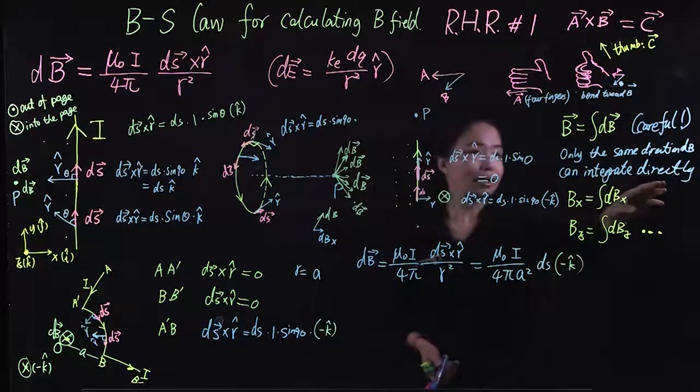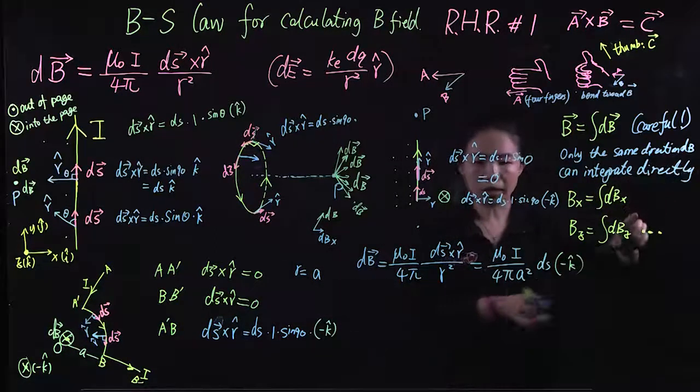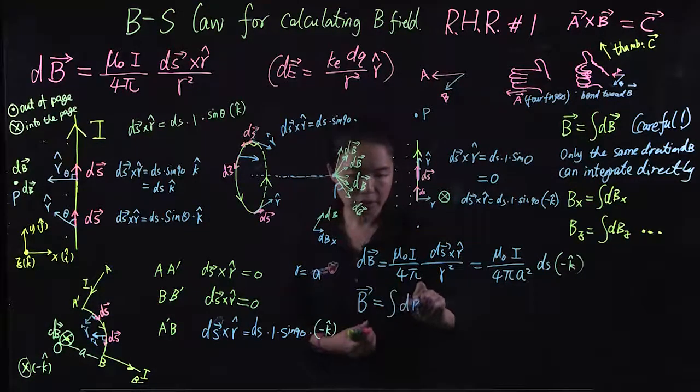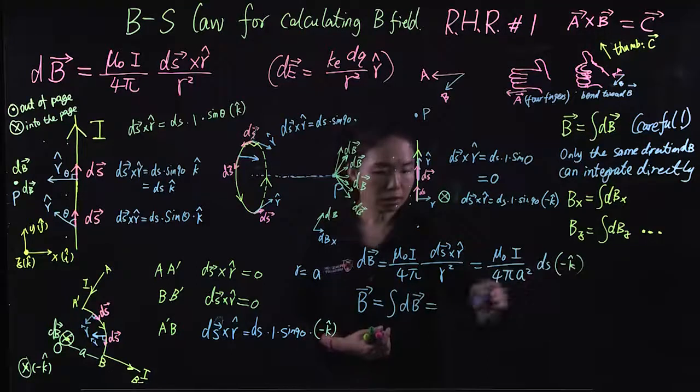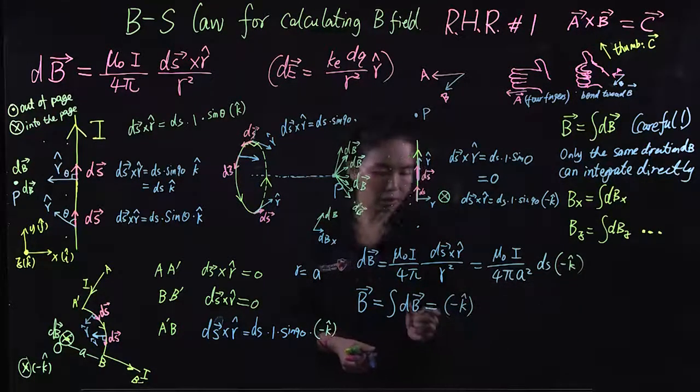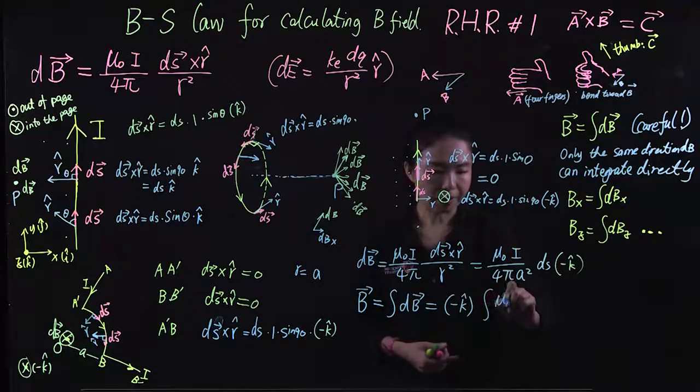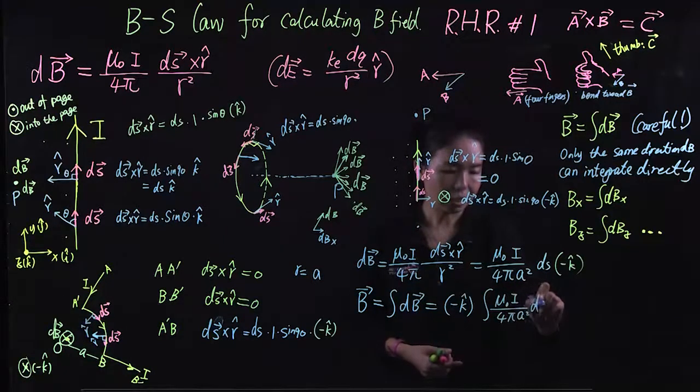When they are in the same direction, they can be integrated together. So the total B field equals the integration of dB, which is in the direction of negative k. You can take it out. All of them share the same direction, and we are integrating something numerical without direction.